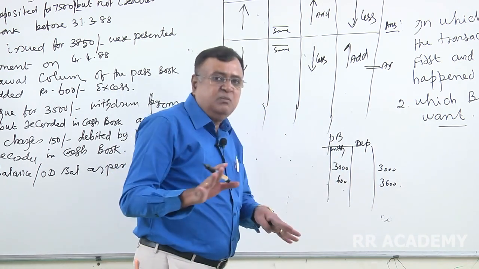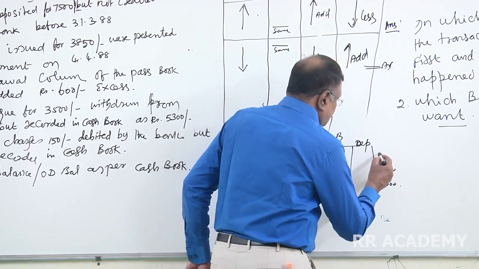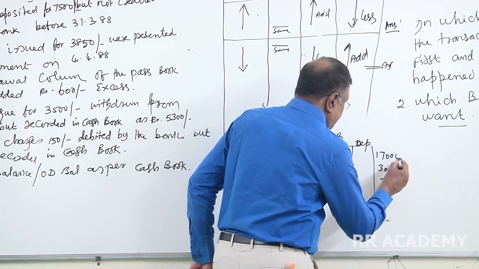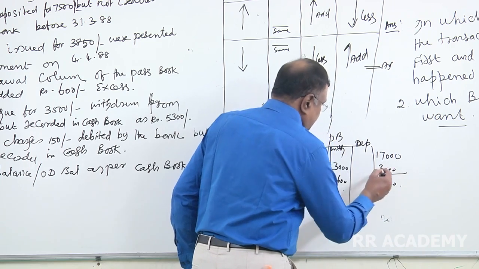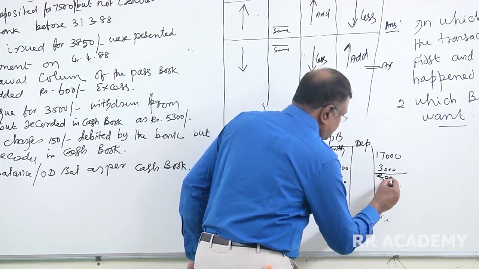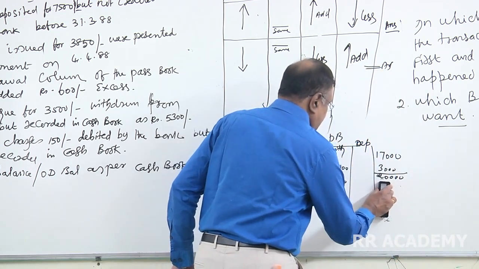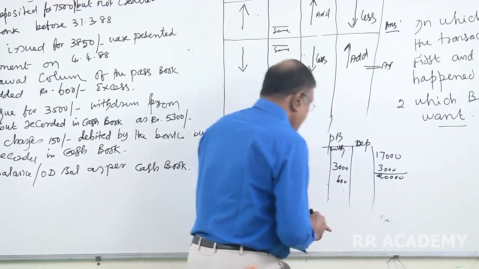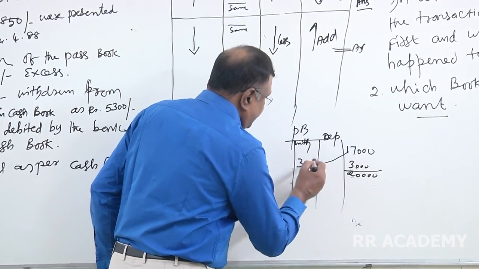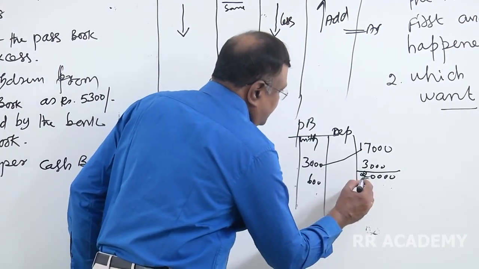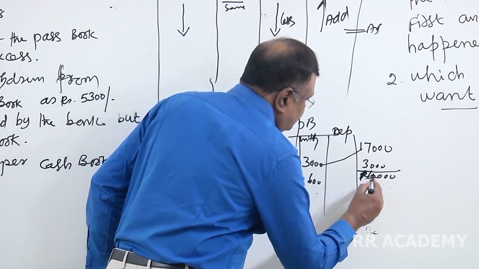Withdrawal column. Now we are proceeding normally. For example, this is 17,000. The balance is 20,000.